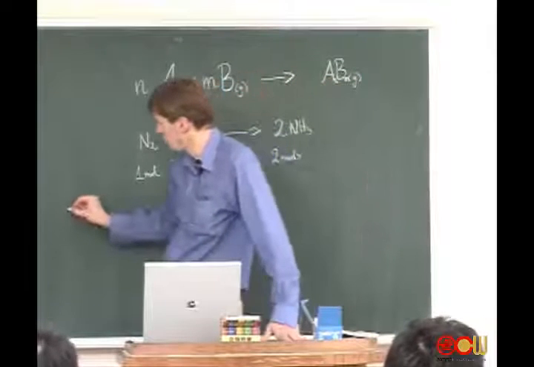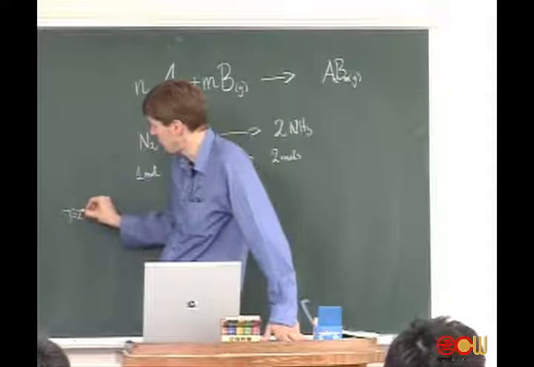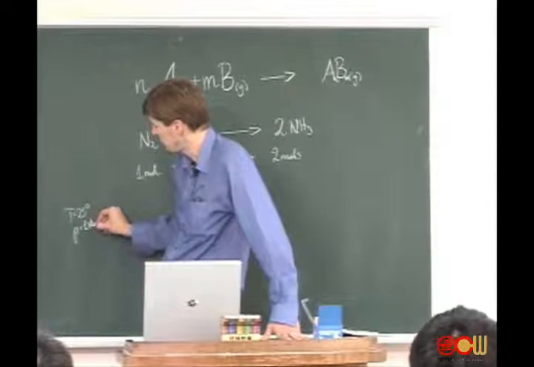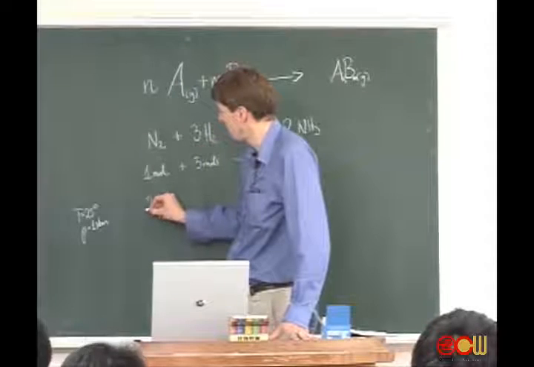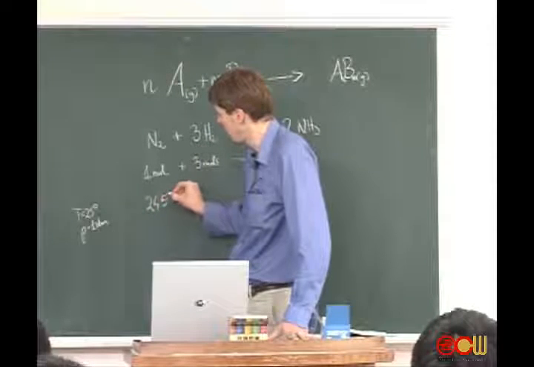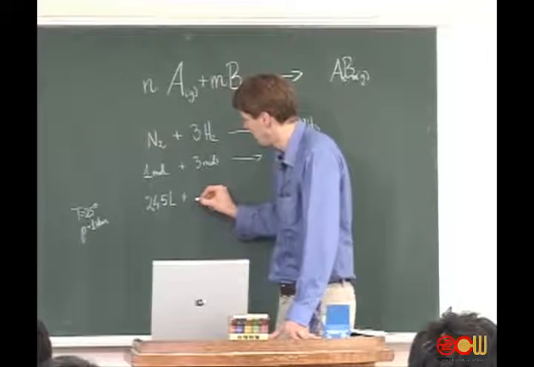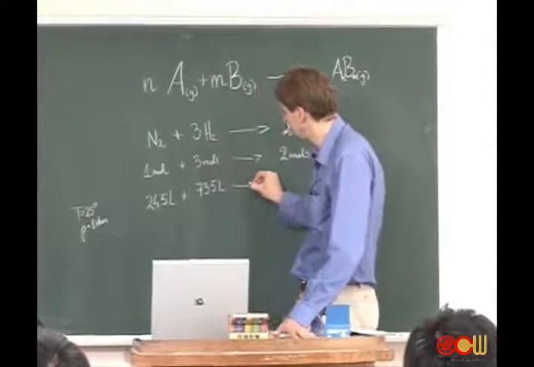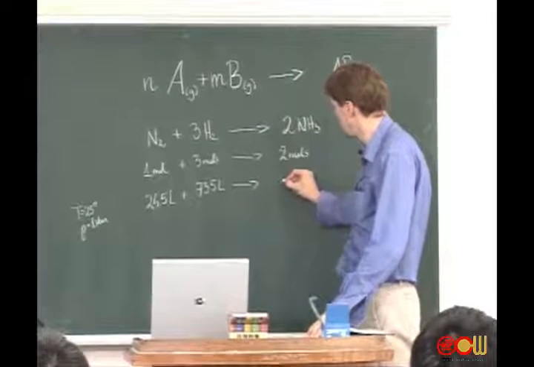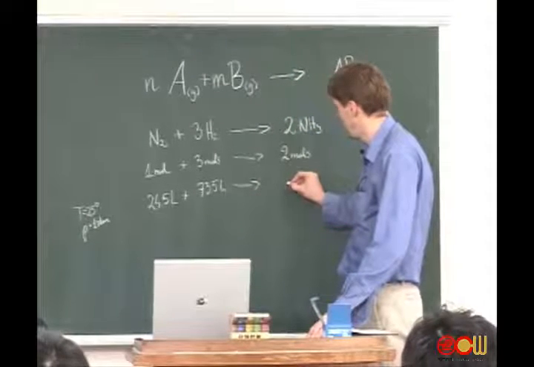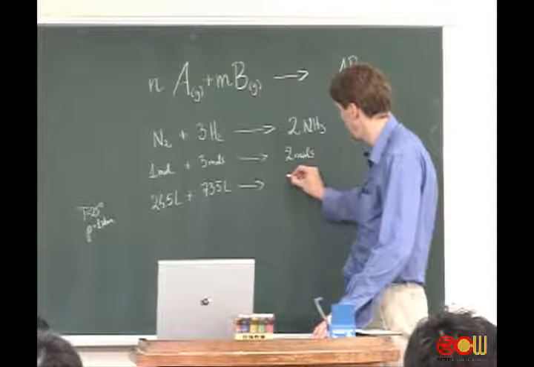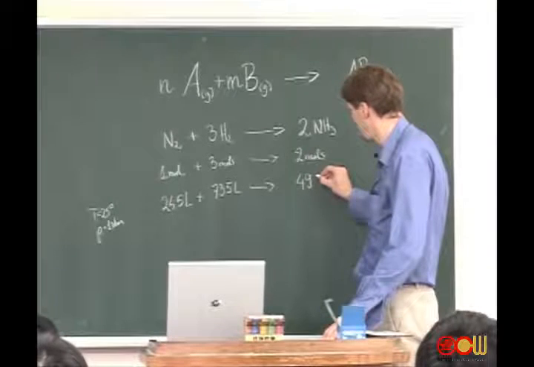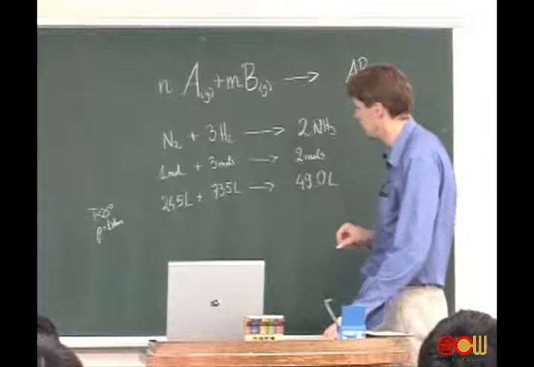But now if we assume that the temperature is 25 degrees and the pressure is 1 atmosphere, we have that 24.5 liters reacting with 73.5 liters give you 49 liters.